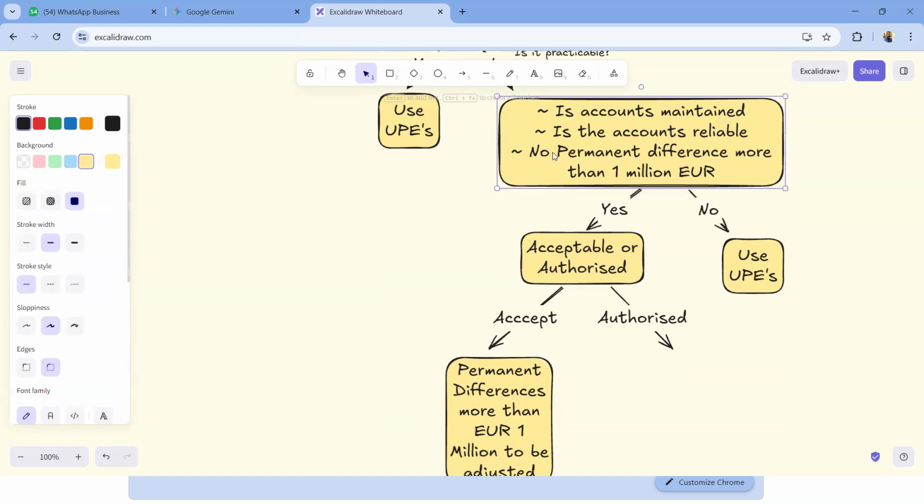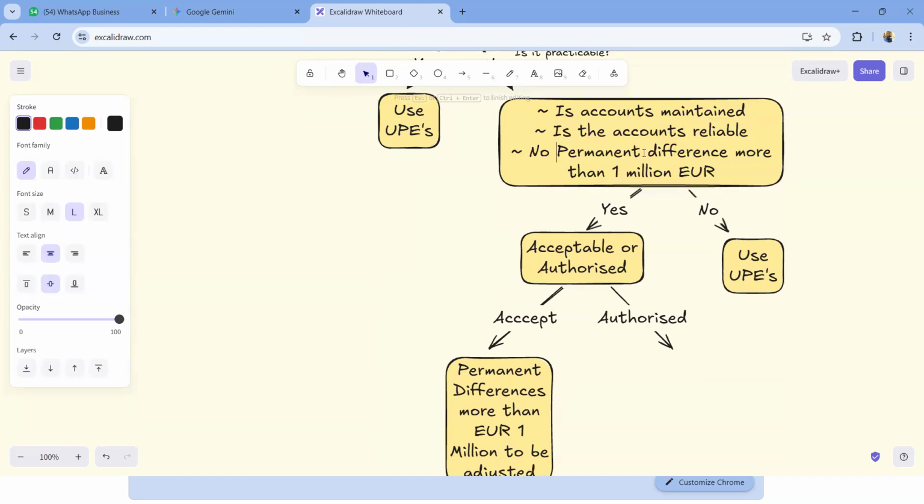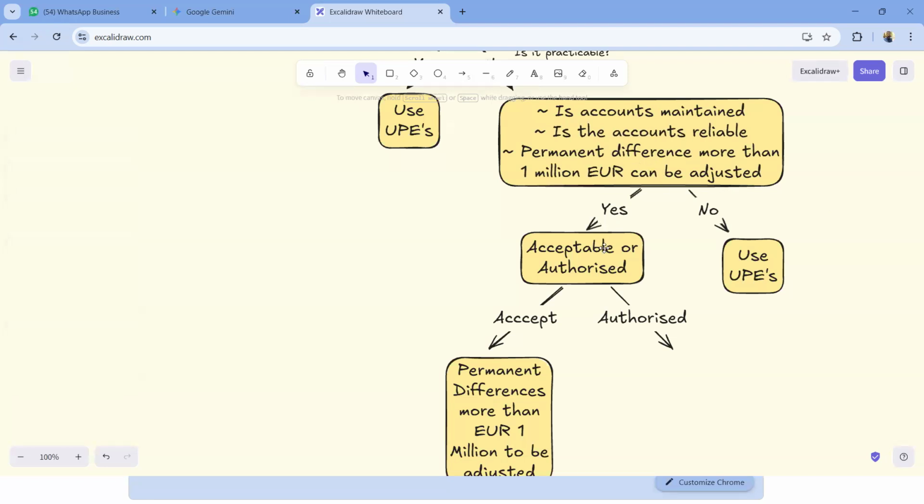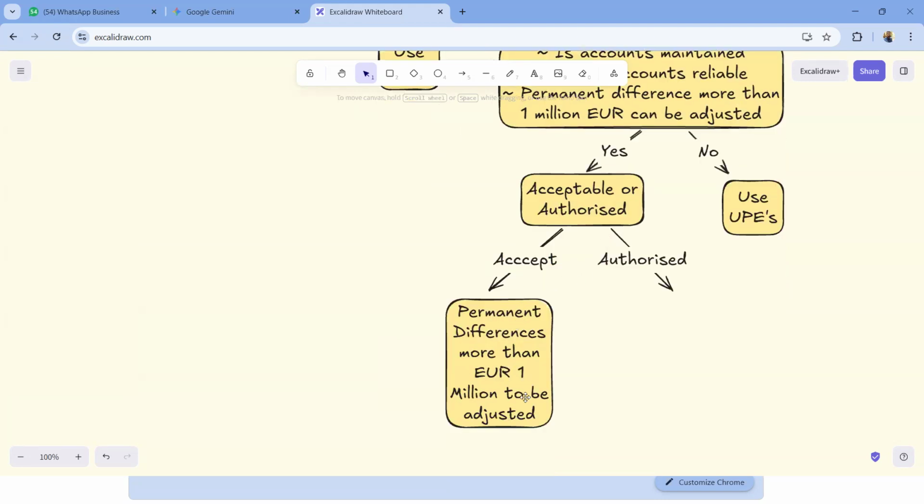So I understand your question here. I wrote no permanent differences. It says permanent differences more than EUR 1 million can be adjusted. If it can be adjusted, then you have to first see if it is acceptable or authorized. If it is acceptable, permanent difference of more than 1 million to be adjusted.